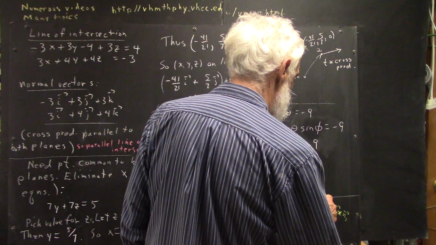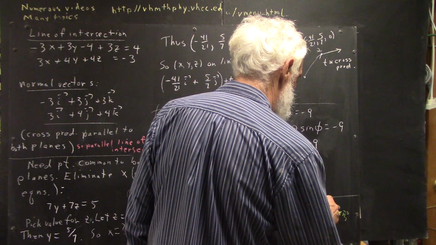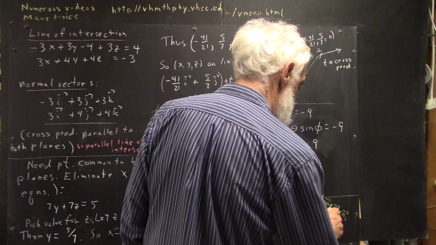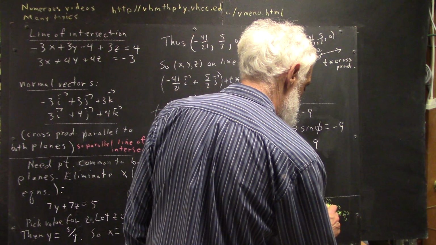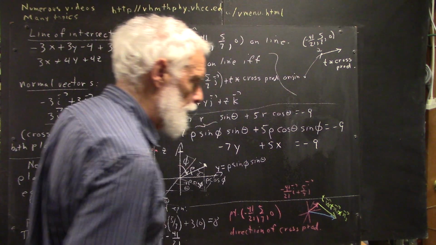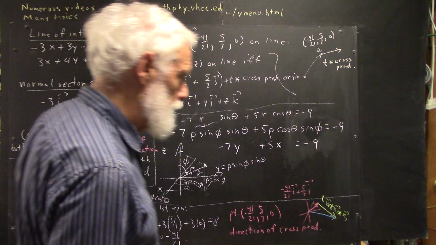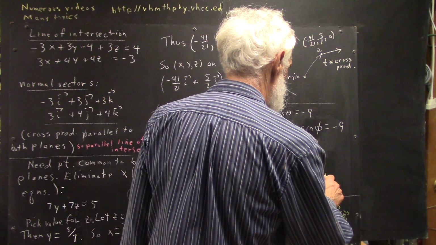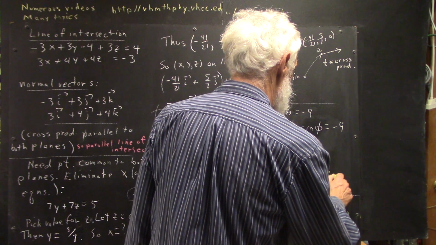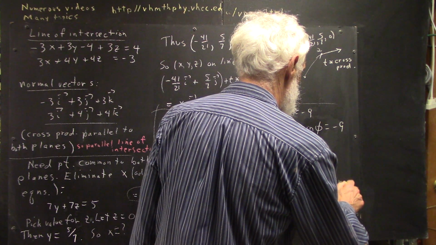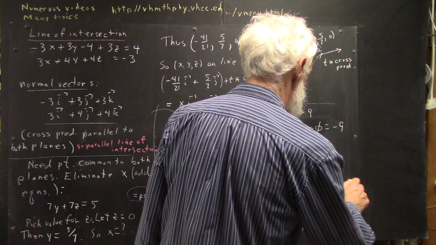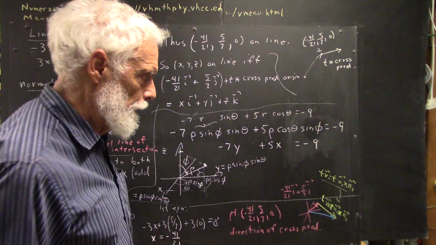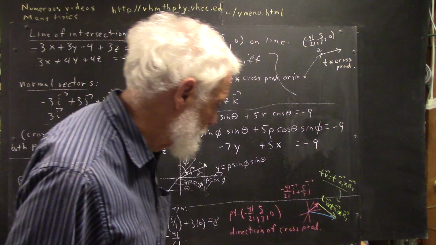I want this to be some number t times the vector, which will make it t times n1 cross n2. Okay, so let me write that a little more clearly: tV equals t n1 cross n2. That's what I attempted to write down there. Hopefully that's a little more legible.